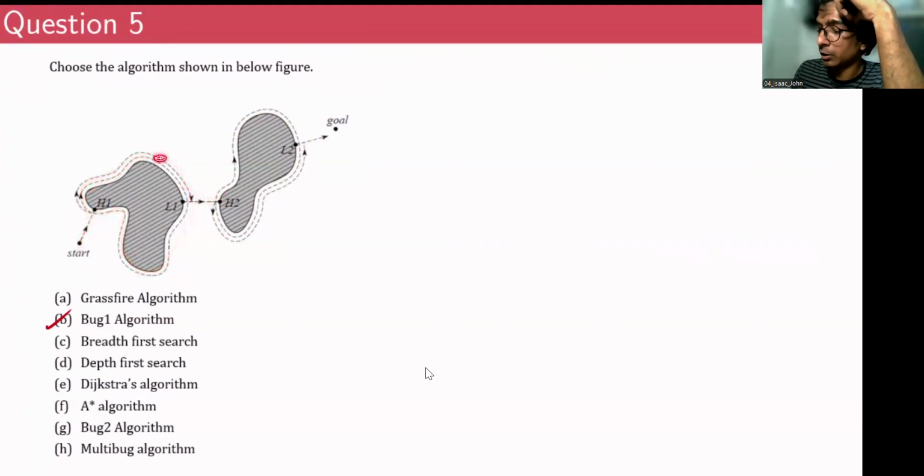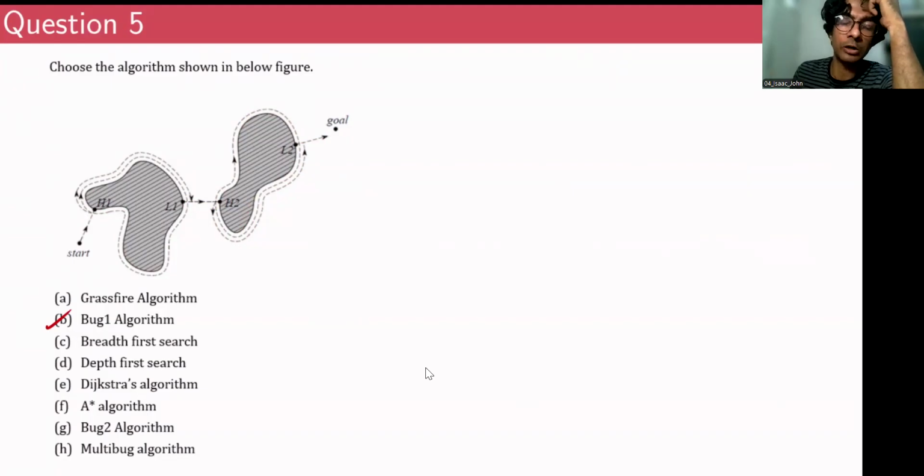So instead of breaking from here, the distance from here to here is much higher, and any other distance is much higher, but at this point the distance is the least. The same thing goes on around the next obstacle. It goes in this direction, encircles the object once, and at the point where the distance between the robot and the goal position is the minimum, it breaks off. So that is the Bug 1 algorithm.